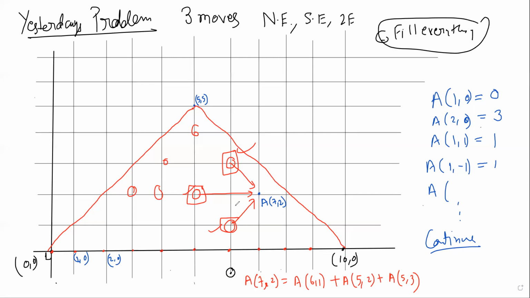When you are at this point, you have to ask yourself about this, and this, and this. So you will need to know the answer for this. It is the same as this, right? But you will still need to write the answer for this point. This and below, you will need to know these three.